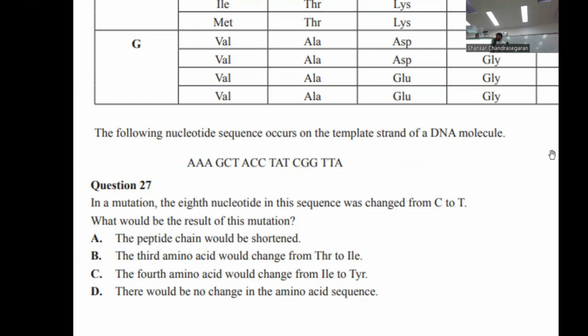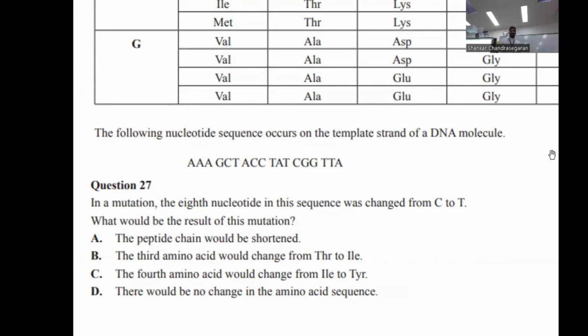Actually, not, because I thought when it stopped, nothing changed. But originally what it would have been, yeah. So essentially the mutation has changed the amino acid sequence from a normal sequence that would have continued on with more and more amino acids into a shortened version.